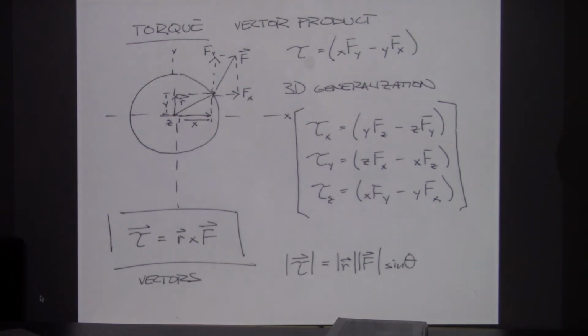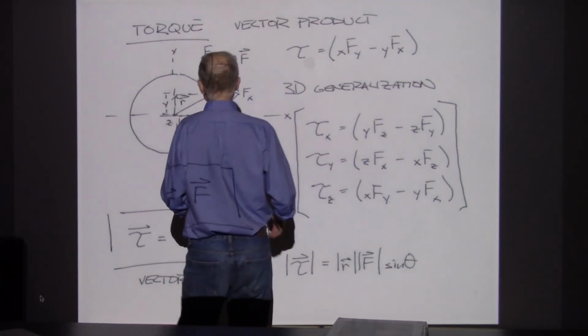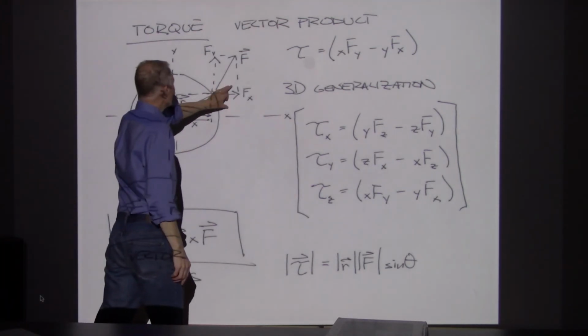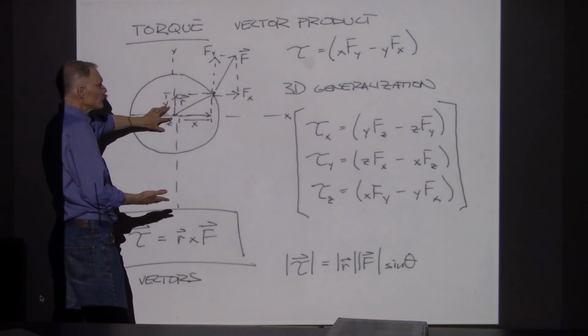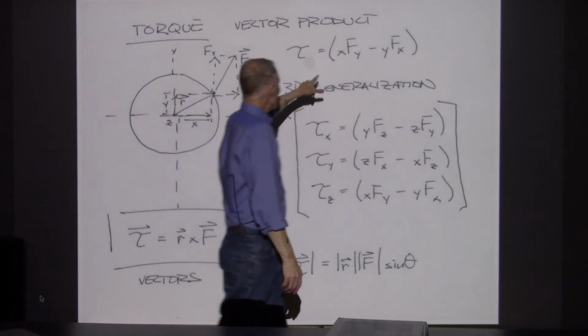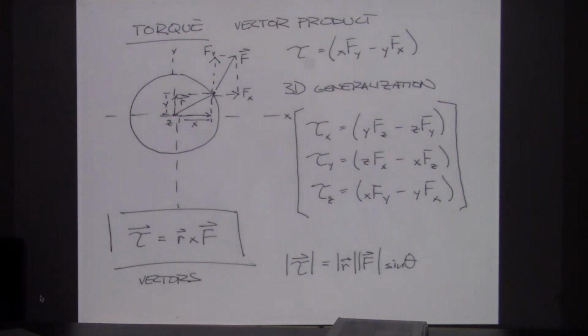So that's kind of interesting, that the way we've defined torques, if we take the individual components of the force and the individual components of a lever vector, we've been able to identify which components go with which components in determining how much torque. It's got to be perpendicular.